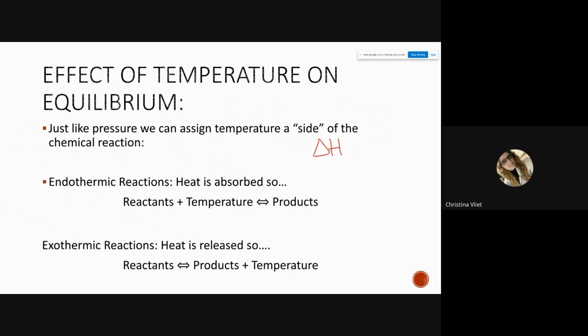What happens if enthalpy is positive? I don't care what the number is: positive 120, positive 2, positive 10,000. It means that it's endothermic. And what does that mean at the very basic level? We're absorbing heat from the outside.